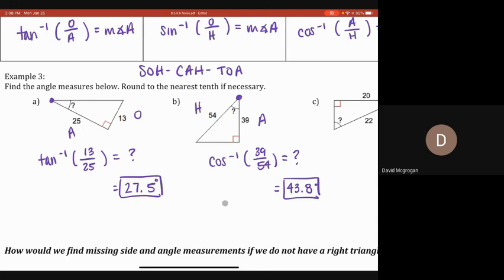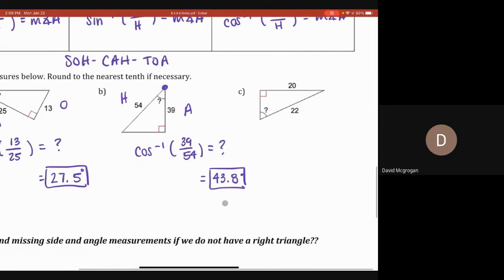All right, part C. I'm not getting 43.8 for some reason. Did you do 39 divided by 54? Yeah. Did you clear it or did you not clear it? No, I still had it in there as the answer. Okay, and then you hit inverse cosine? Yeah. What are you getting? Well, hold on.